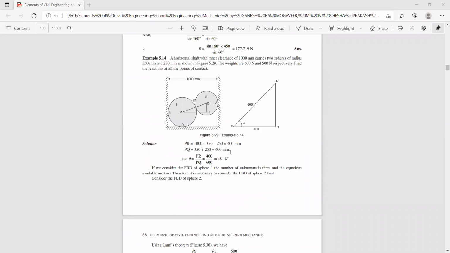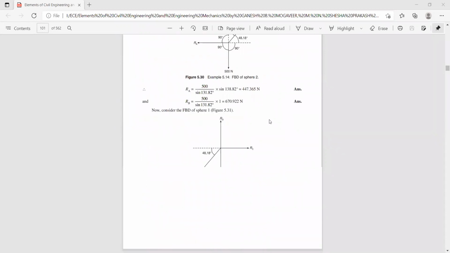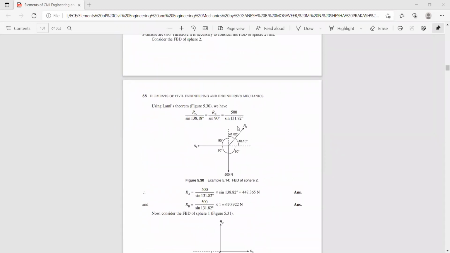Now once you draw the free body diagram, the rest becomes very simple. When you have a three concurrent force system, you can apply Lami's theorem. The only thing is you have to find the angle between those forces. Now here, in the figure for sphere Q, this is RA and this is 48.18. So the angle between these two forces is 90 plus 48.18, so it is 138.18.